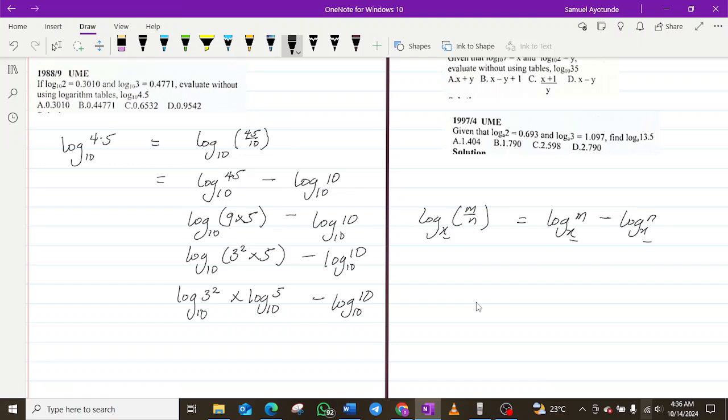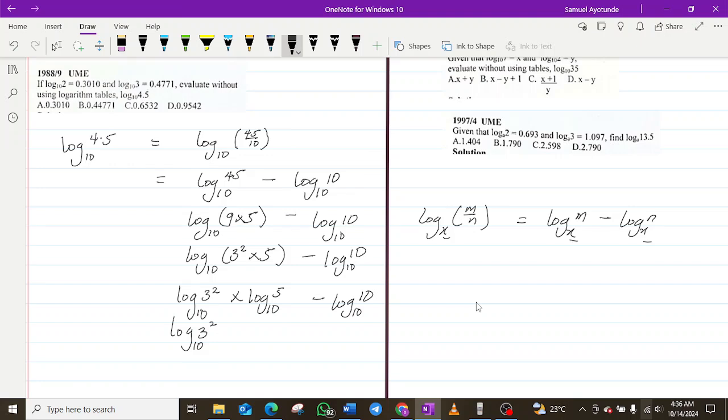The best way we can do that is to change 5 to 10 divided by 2. So we keep breaking them down to suit the values we want to use to substitute, else we wouldn't be able to substitute. So if I do that, I have log 3 square base 10.